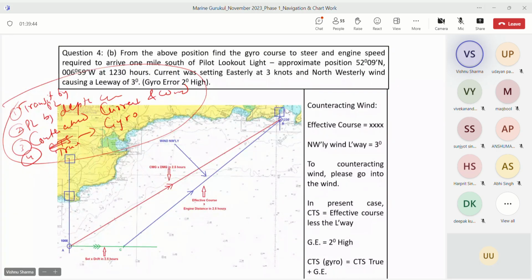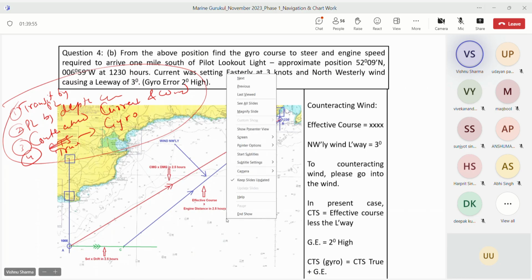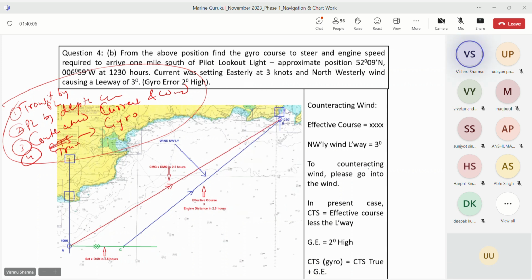Now, just for academic interest, if somebody says, I don't want to make this triangle for 2.5 hours, I want to make it only for 1 hour, yes, you can always make it for 1 hour if you so desire. Then on the CMG line, you will have to take how much distance? You will have to take equal to 1 hour distance made good. Correct?